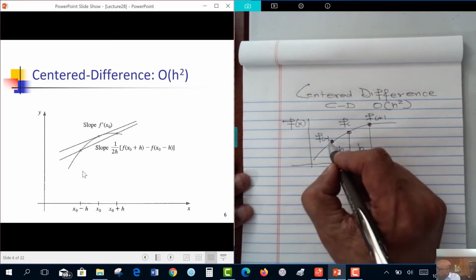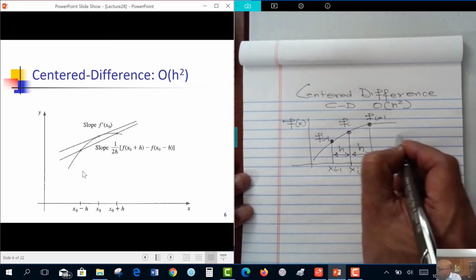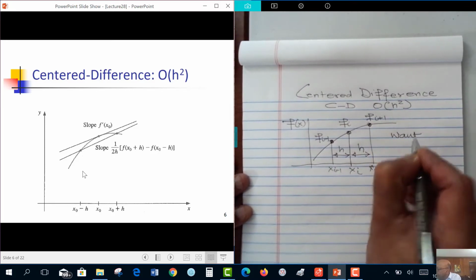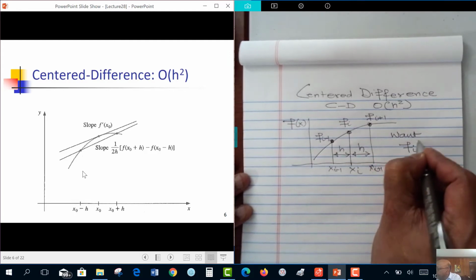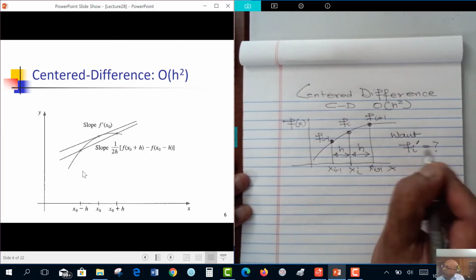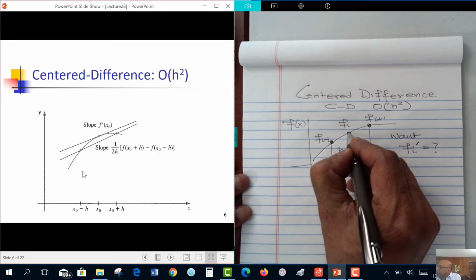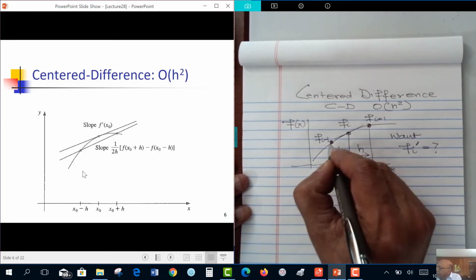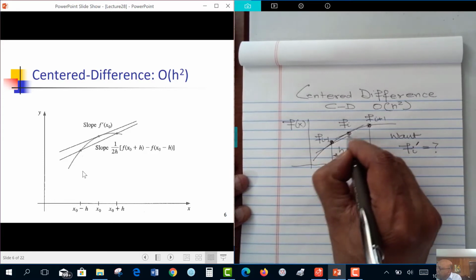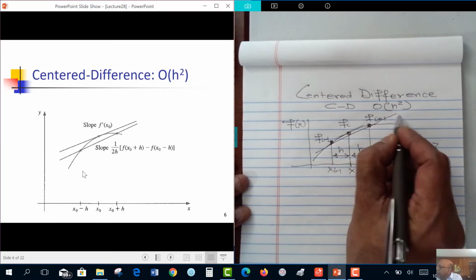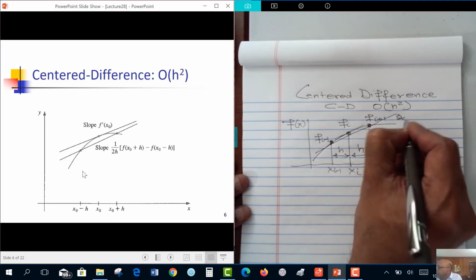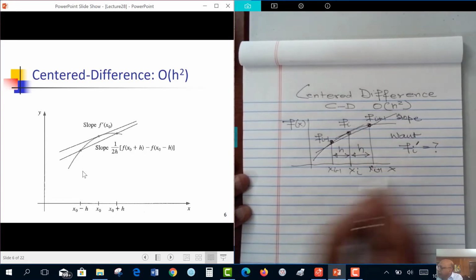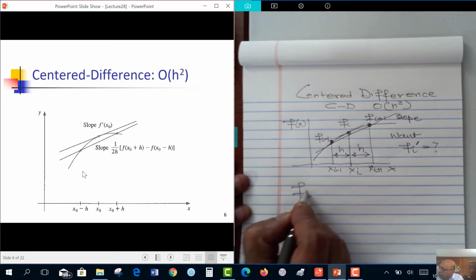So in center difference, we want the first derivative, remember, we want fi prime. So we want derivative here. We want to estimate the slope. So what we do is we take the point at either side, connect them both up with a straight line, and find the slope of the straight line. And that would be our approximation.